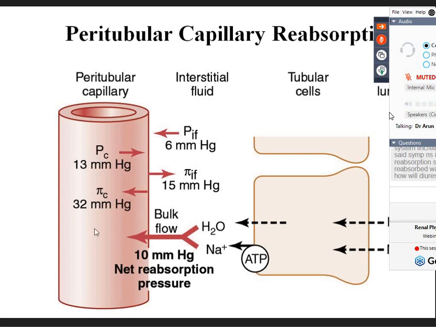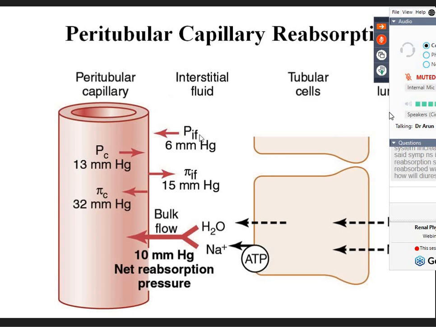There is hydrostatic pressure in the capillaries, there is osmotic pressure in the capillaries, and this is very high due to plasma proteins. Plasma proteins are there in the blood, so that increases the osmotic pressure. Hydrostatic pressure will try to move the fluid in this direction, and oncotic pressure will try to reabsorb substances. So we see the balance of these forces.